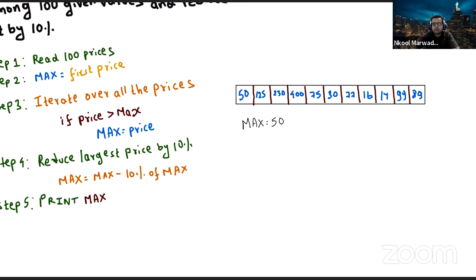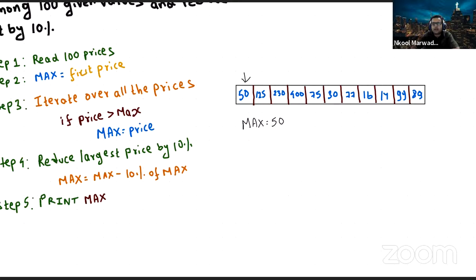Now I have to iterate over all the prices one at a time and check if the current price is greater than max. So I will be here. Is 50 greater than 50? No. The condition is that price should be greater than max. The current price is 50, which is not greater than max. Nothing will happen. I will move forward.